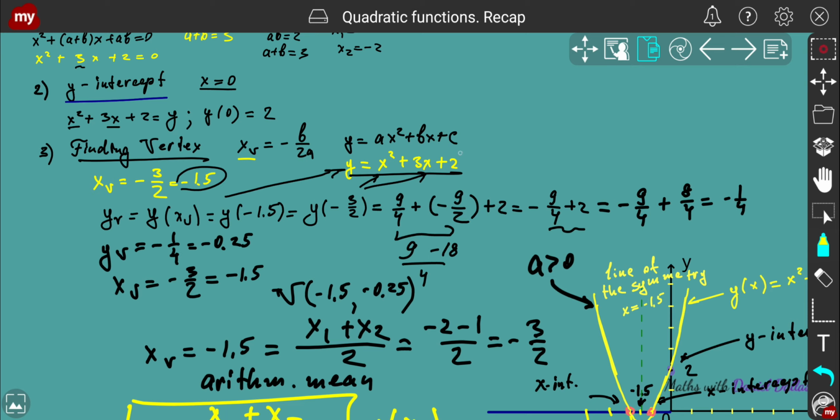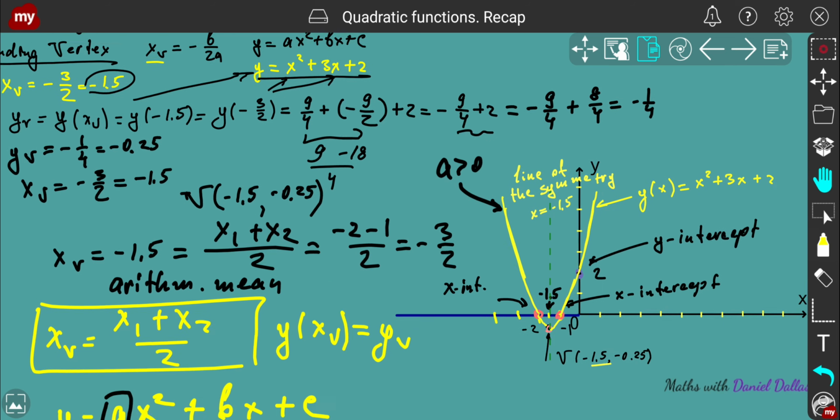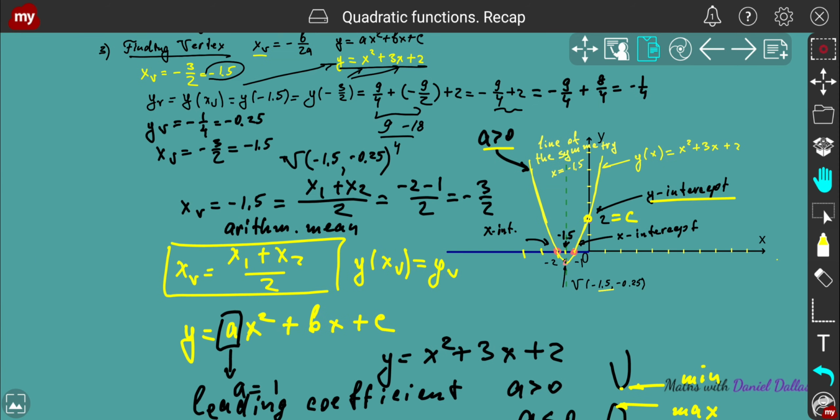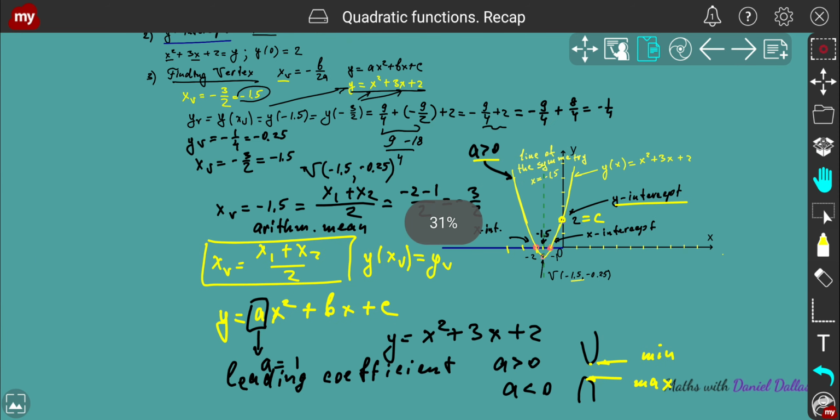So coefficient c. That's why, in general, coefficient c is simply responsible for the y-intercept. This is one more observation that you can notice from our analysis and our roadmap that I drew up here.